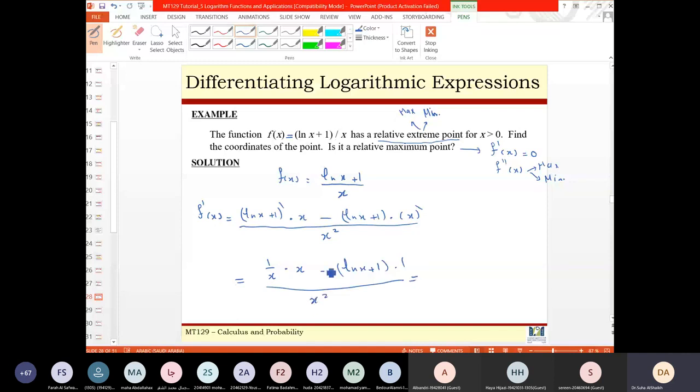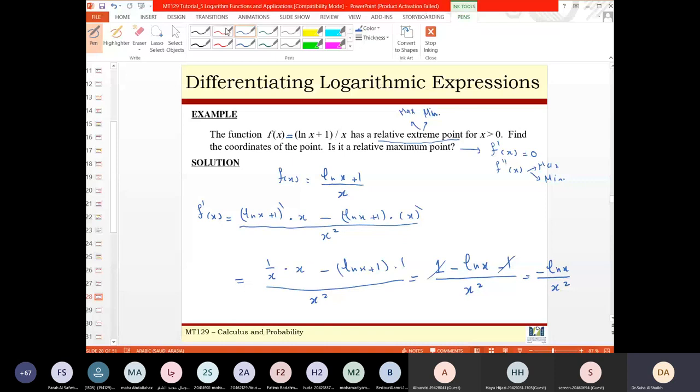Now 1 over x times x is 1, and from here I will have minus ln x minus 1 divided by x squared. The 1 cancels the 1, and I remain with minus ln x divided by x squared. And this is my f dash.